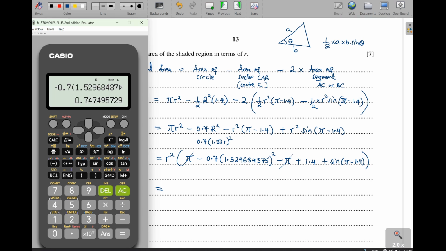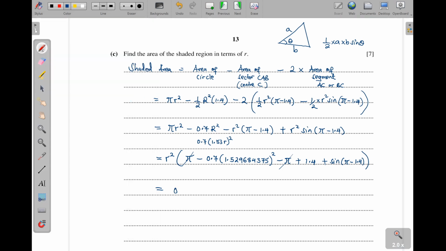So we get 0.747 and the rest of those figures, but I'm going to write to three significant figures. That would be 0.747 r squared to three significant figures. That is that. Remember, they told us to write it in terms of what? R.